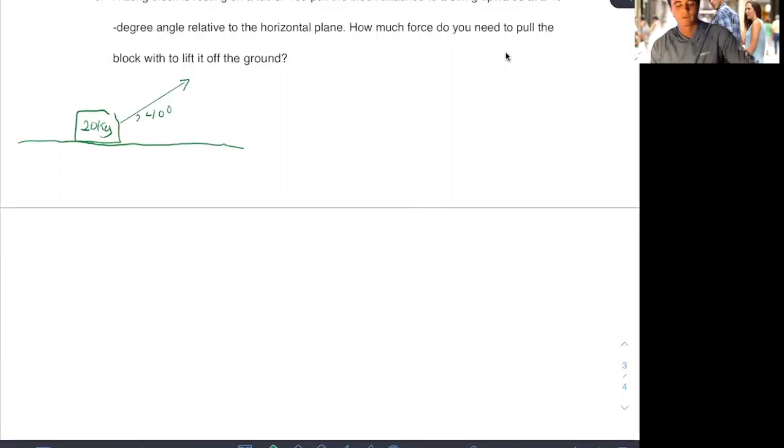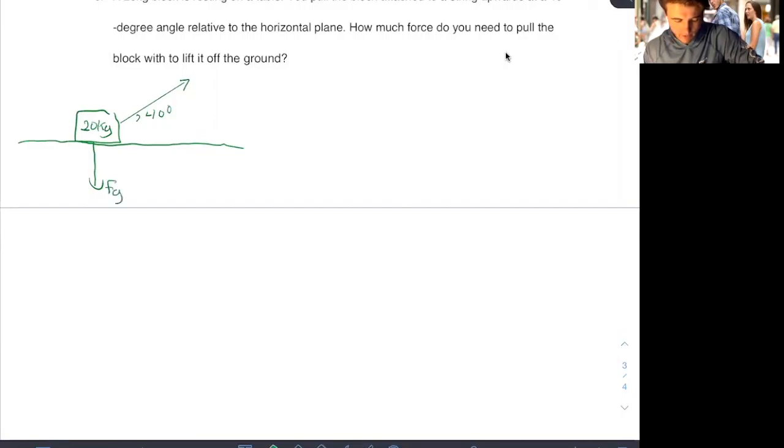Okay, so what do we need to know here? Well, first of all, we need to know how much force is being applied to this block due to gravity, right? Let's do that real quick. F equals ma. Acceleration due to gravity is 9.8. 9.8 times 20 is 196.